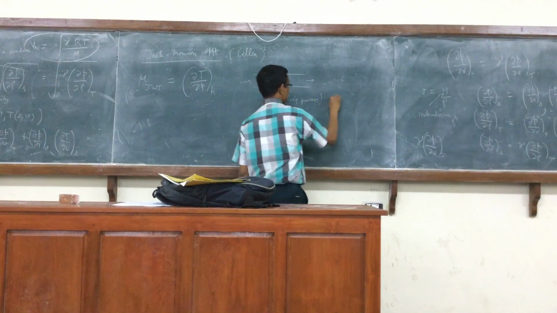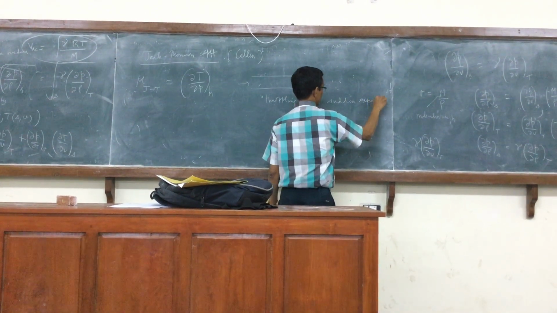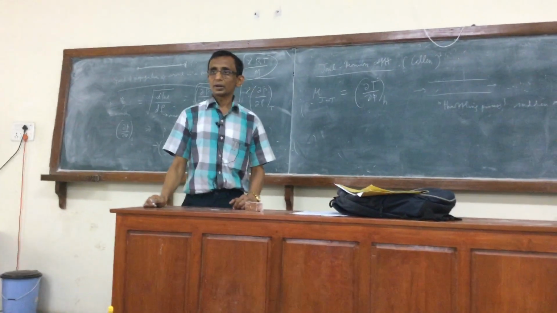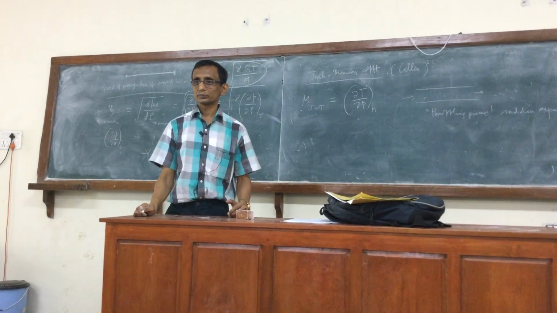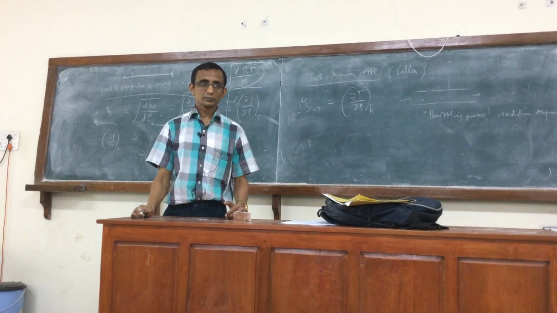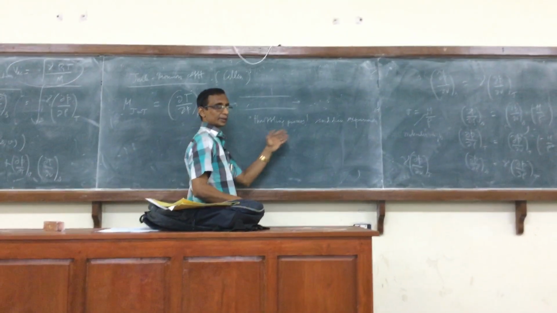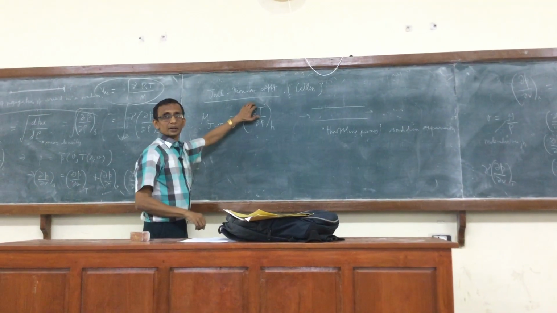Basically a sudden expansion. And expansion means what can you say about the pressure? Pressure will decrease. So it is an expansion process, with a decrease in pressure. And it's used for cooling.